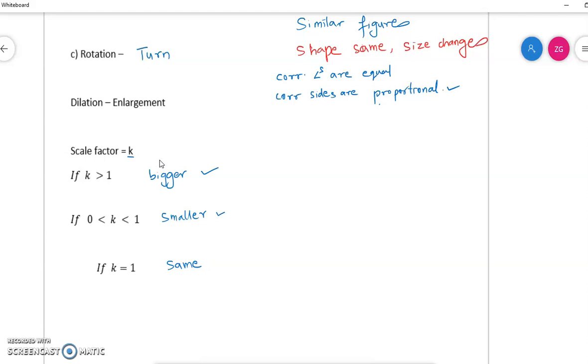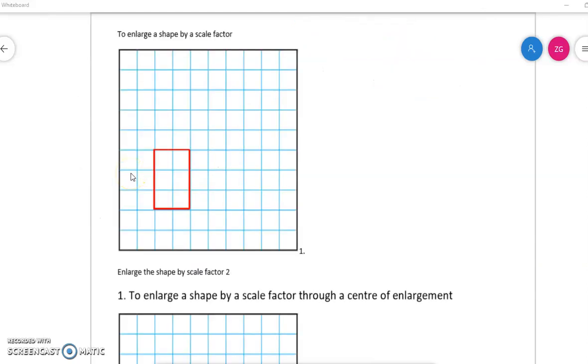Let's have a look at an example and try to understand what this scale factor is and how it will change my pre-image to the image. In this example, we will enlarge the shape by the given scale factor. The scale factor here is 2. The dimensions of this rectangle, which is our pre-image, are width 2 and length 3.